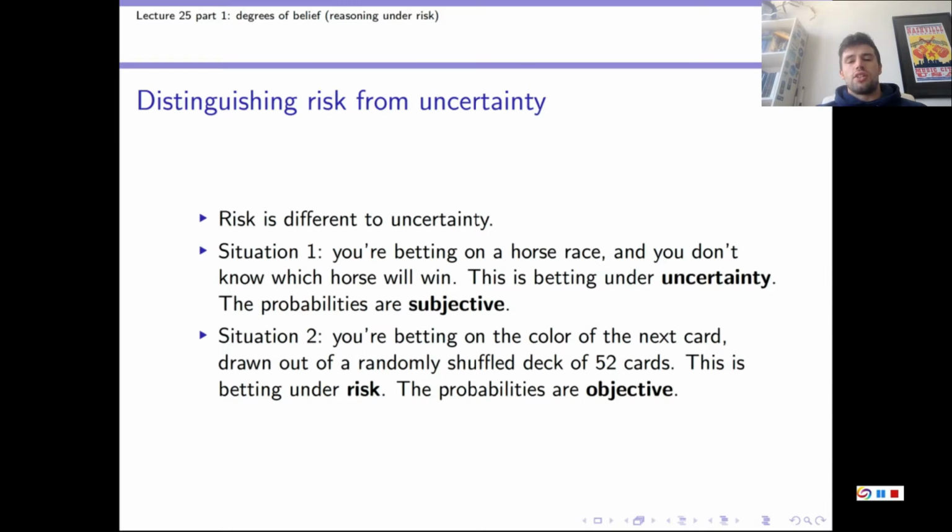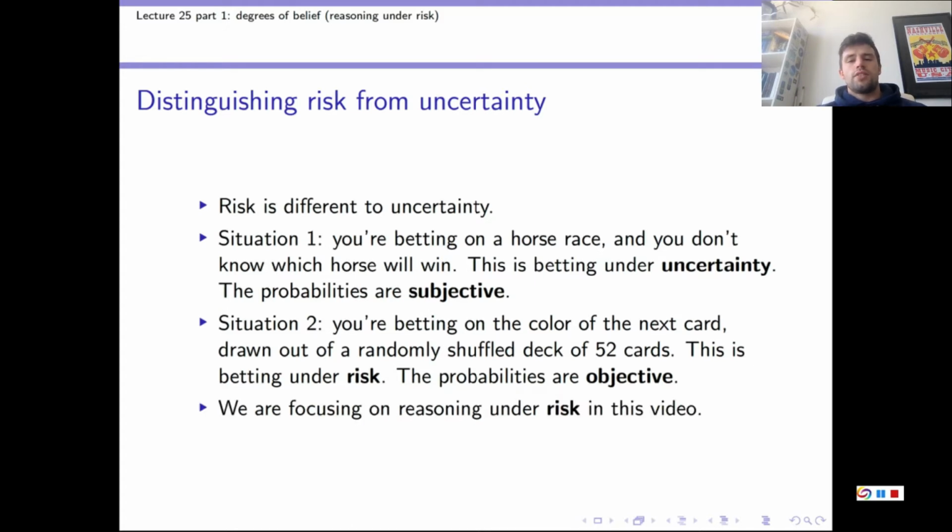And we call this a situation involving uncertainty rather than a situation involving risk. For the rest of this video, we're going to focus on reasoning under risk as we've described it here, so the probabilities involved are objective, and then we'll look at reasoning under uncertainty in the part 2 video.